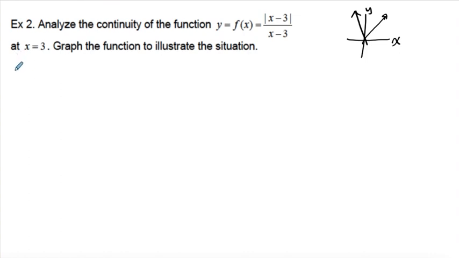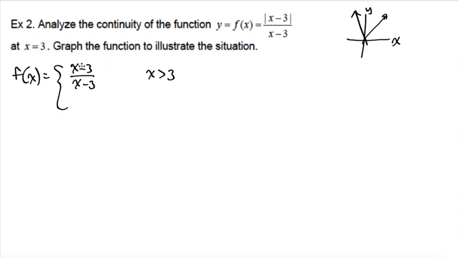So what happens when x is greater than 3? Well, we know that for our absolute value function, if I wanted to split this up, it would just be x minus 3 over x minus 3. So as long as x is greater than 3, we're just going to do that function and forget about the absolute value signs there.